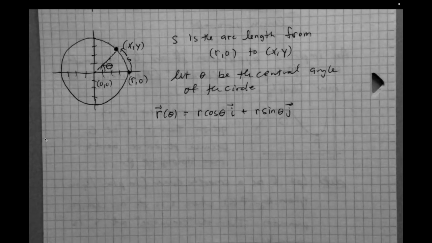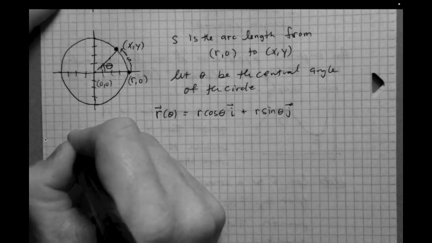Now notice this vector valued function is parameterized by theta. We need it to be parameterized by the arc length, s. So we need to calculate the arc length parameter.